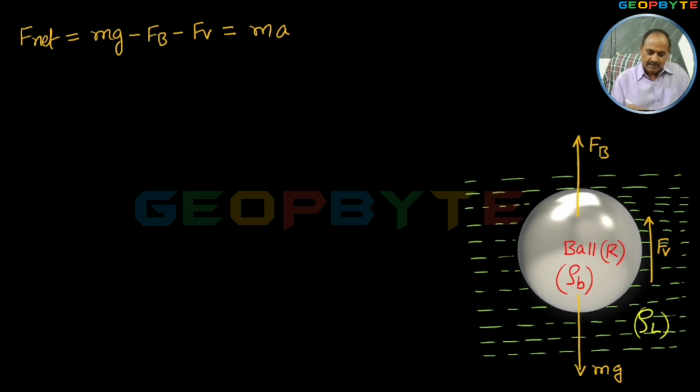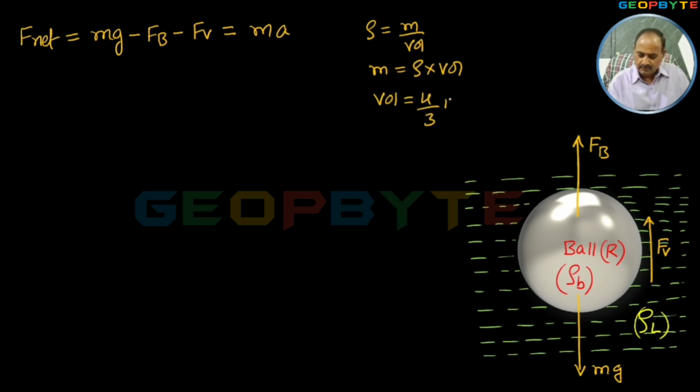But as you know, since density rho equals mass by volume, mass equals density multiplied by volume. Volume of the sphere equals 4 by 3 pi r cube.